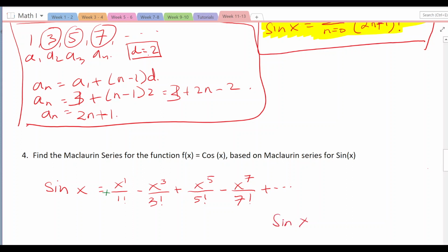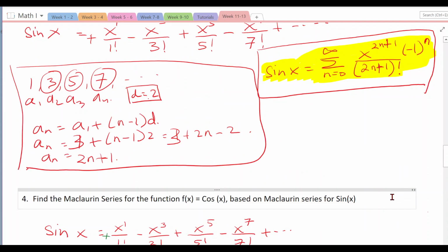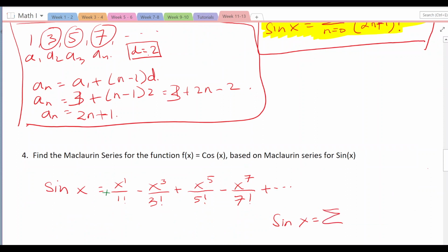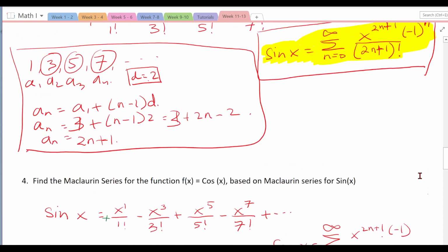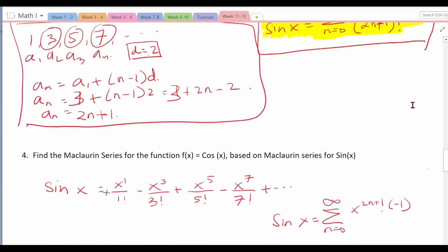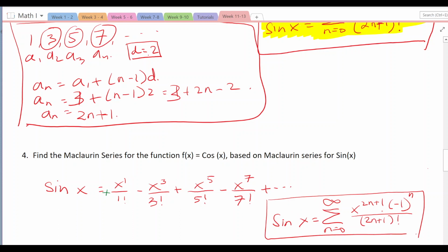Let's write down our power series expression for sin x, which is the sum to infinity of x to the power of 2n plus 1 times negative 1 to the power of n, all over 2n plus 1 factorial. That's the information that we have.